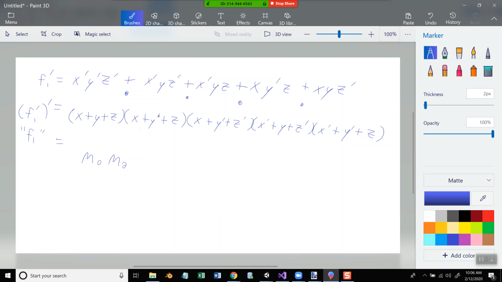The primes. So like this would be the number 0, 0, 0, which is m sub 0, big M sub 0. This would be 0, 1, 0, and this is 2 to the first, so that's m sub 2. This one is 0, 1, 1, which is m sub 3.